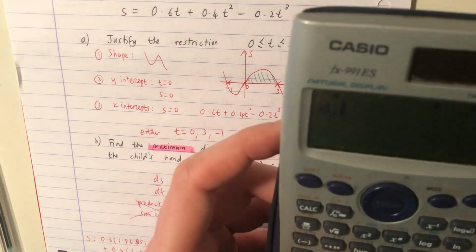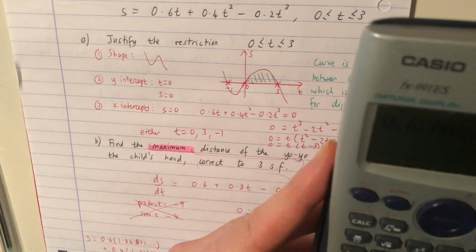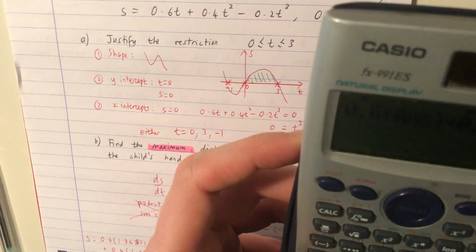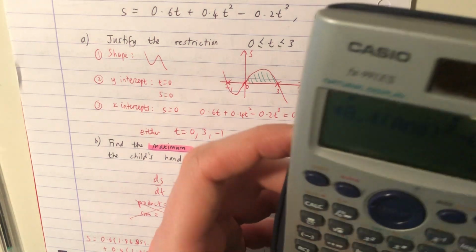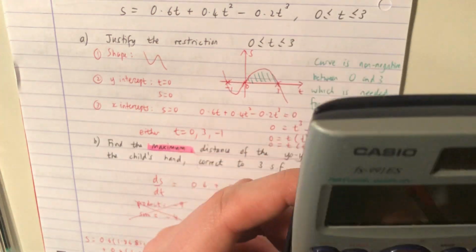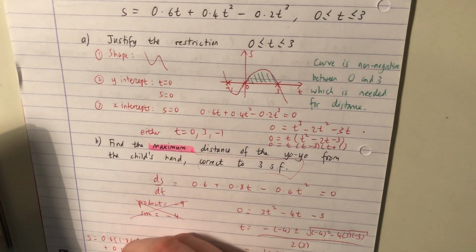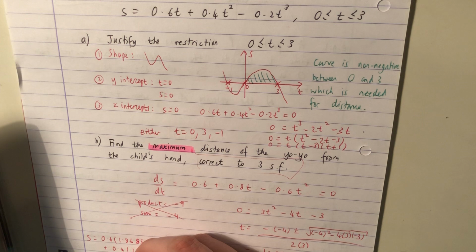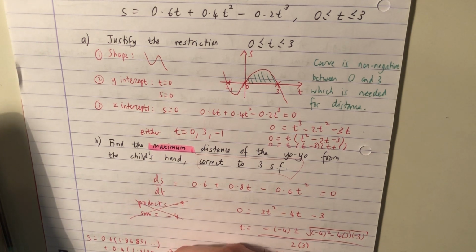So 0.6 lots of that, plus 0.4 lots of that squared, subtract 0.2 lots of that cubed, should be the maximum distance, which is 1.21 to 3SF meters. That does make sense.